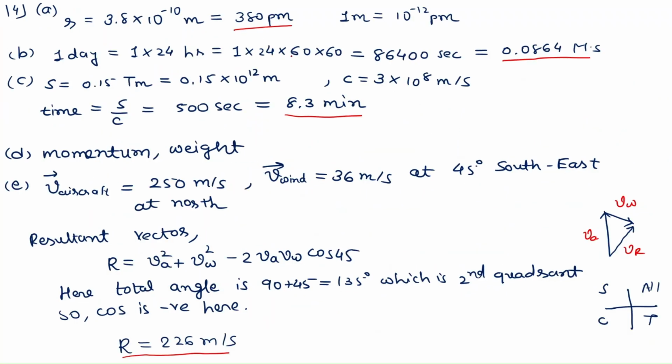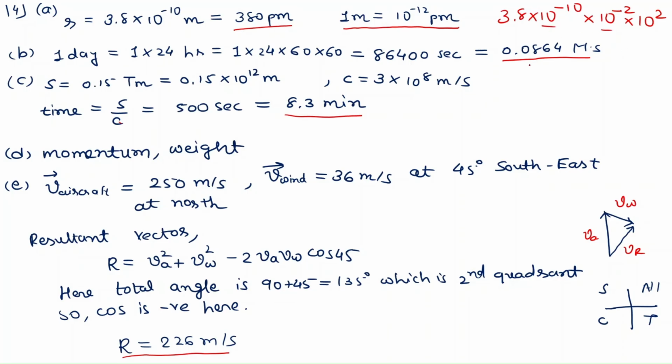Now, here we have this value 3.8 into 10 raised to minus 10 meter. We already saw that 1 pm is equal to 10 raised to minus 12 meter. Now we have 3.8 into 10 raised to minus 10 meter. So we just multiply by 10 raised to minus 2 and into 10 raised to plus 2.